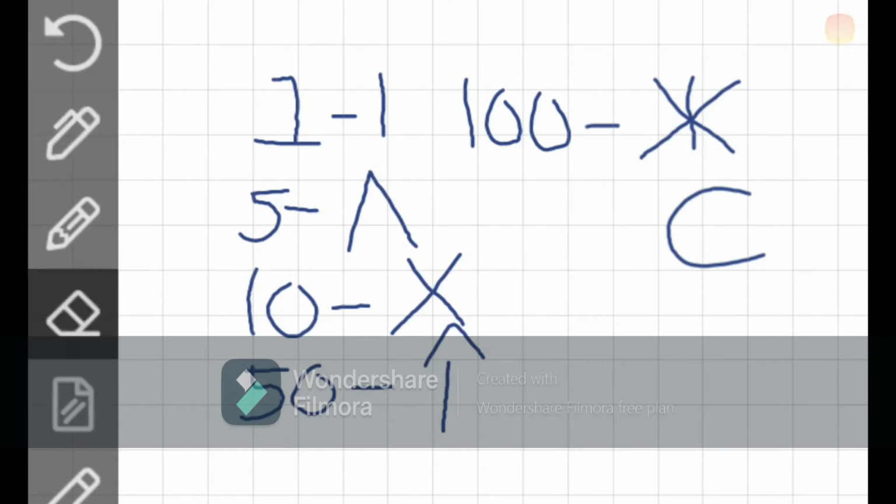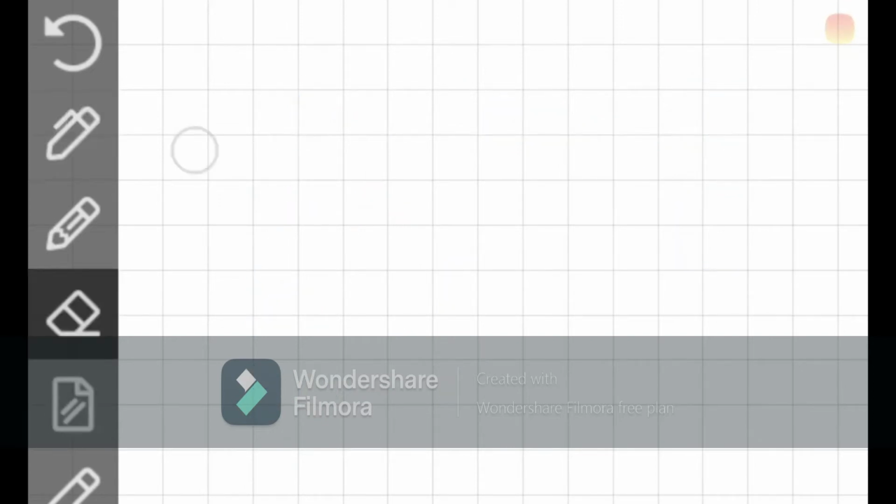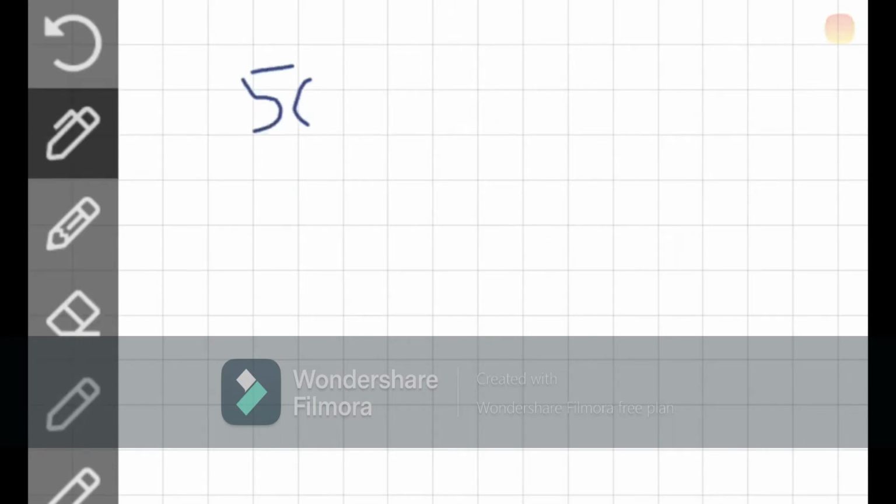So let's continue. Next, they also have the symbol for 500. For the symbol for 500, you may draw a figure, something like a circle, and it doesn't matter if it isn't perfect.